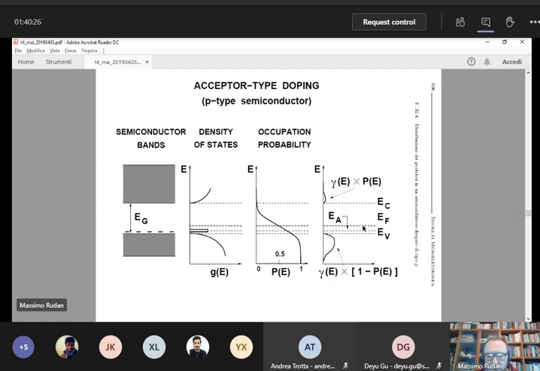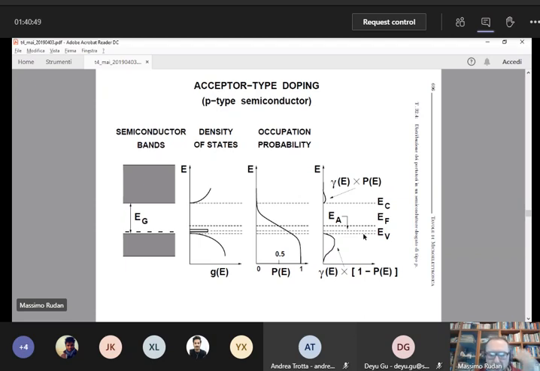The difficult side is EF minus EV. This difference must be larger than kT. If that happens, we can replace the Fermi integrals with exponentials, and we have the non-degeneracy condition.